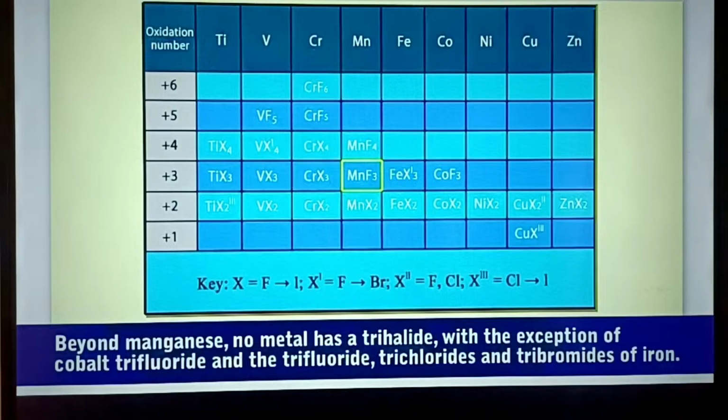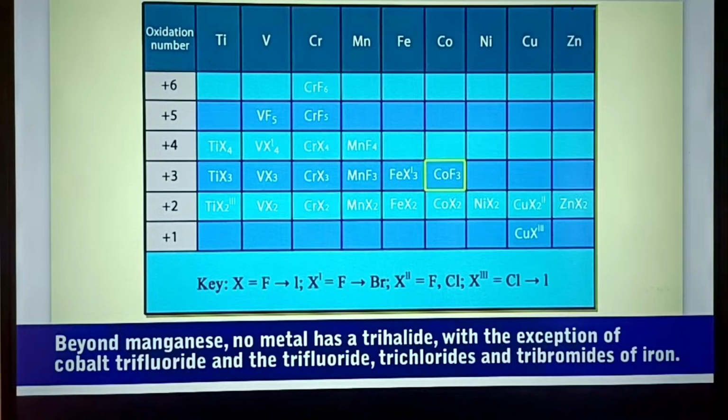Beyond manganese, no metal has a trihalide, with the exception of cobalt trifluoride and the trifluoride, trichlorides and tribromides of iron.